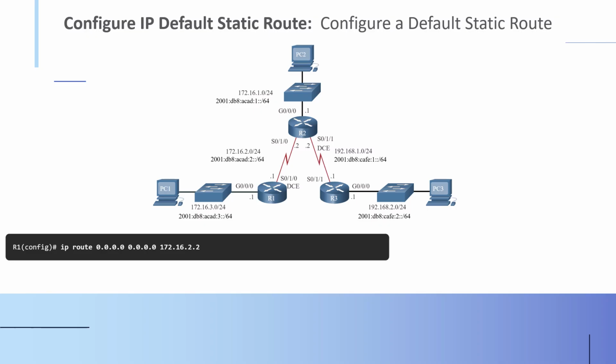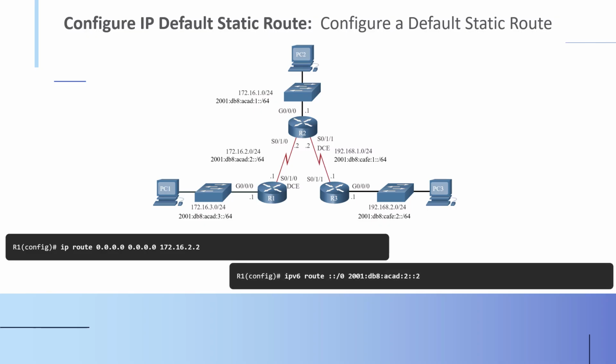The same goes for the IPv6 default static route configured on router 1. It shows that all the packets not matching more specific IPv6 route entries are forwarded to router 2 at the IP address of the serial 0/1/0 of router 2.